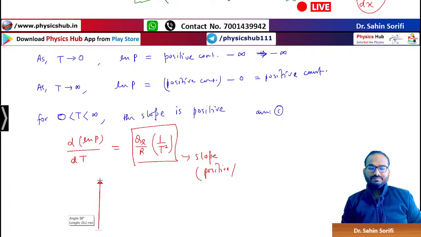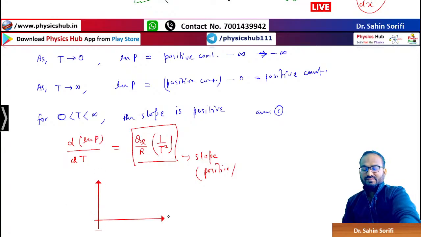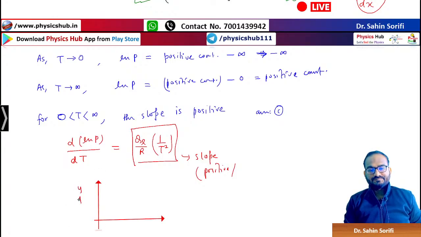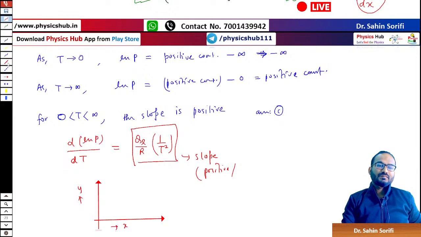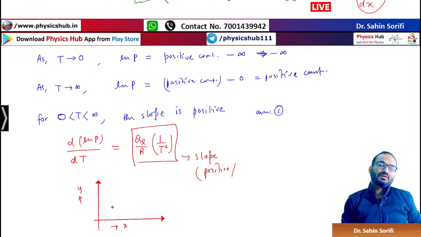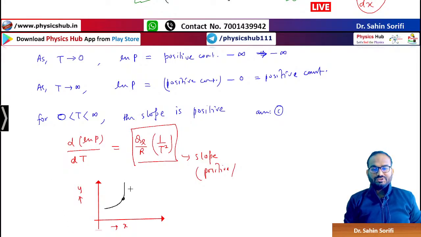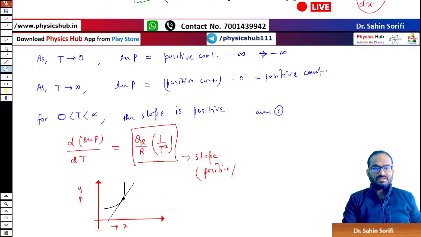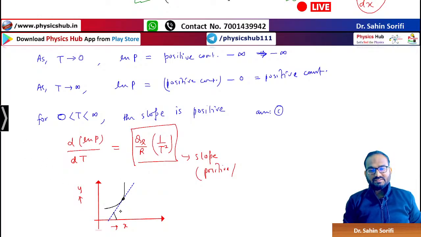Slope you understand now, everybody? If you have, let's say, a y versus x curve, what is the slope at this point? We draw a tangent and see how much angle it makes with the x-axis.